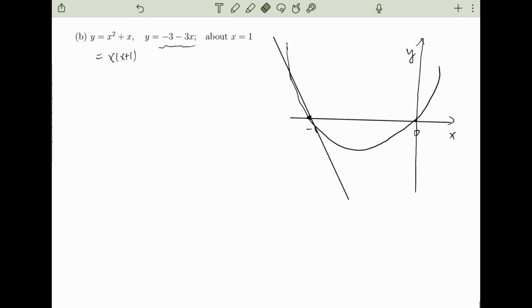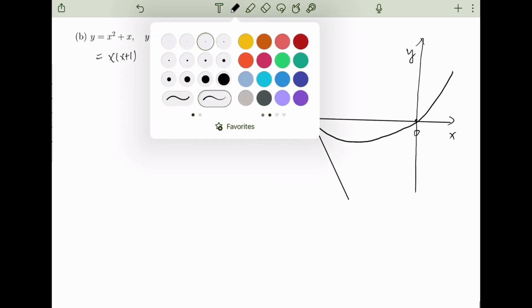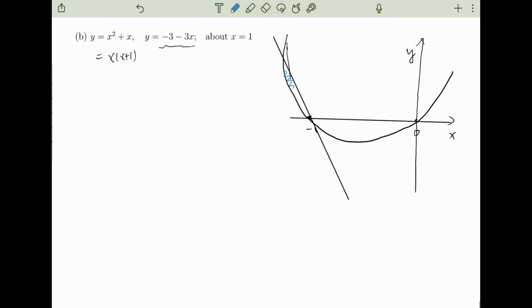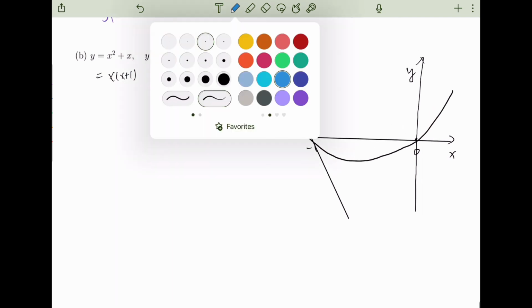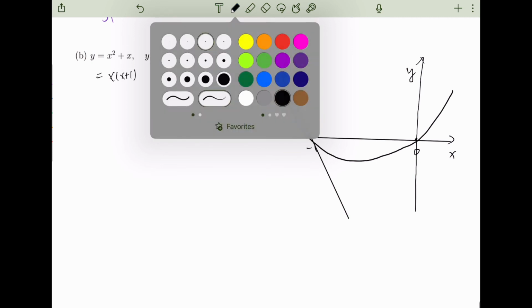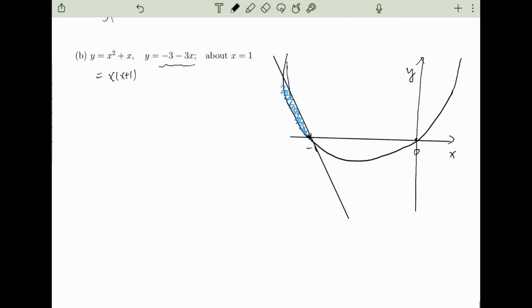So you can imagine here, it's a very small bounded area here. Okay, that is not very nice, but I've tried my best.